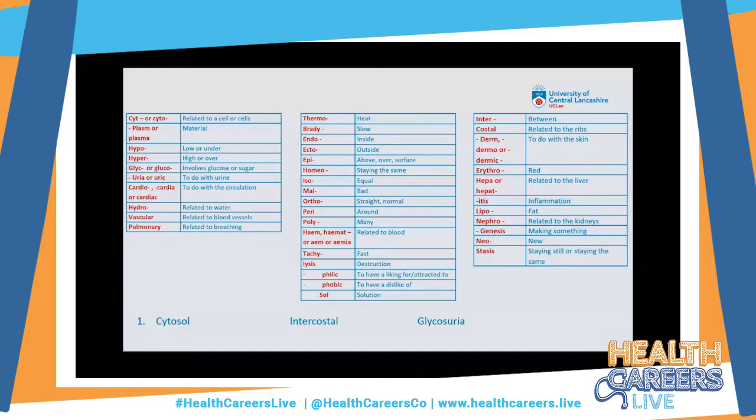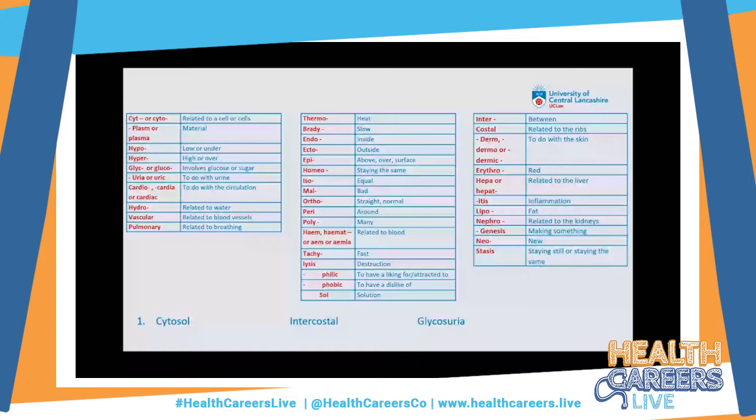And Mohsin has said between the ribs. What about glycosuria? Do we have any takers? Well done, Mahi. And Mohsin has said glucose in the urine. Awesome. You all get physician associate degrees. That's pretty much all you need to do medicine, I'm sure. My colleague may disagree with me, however.